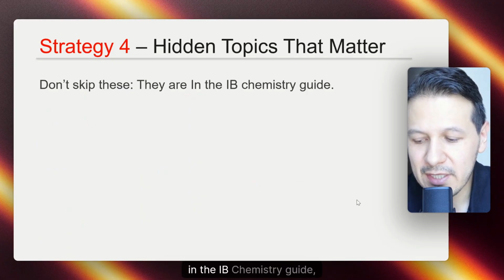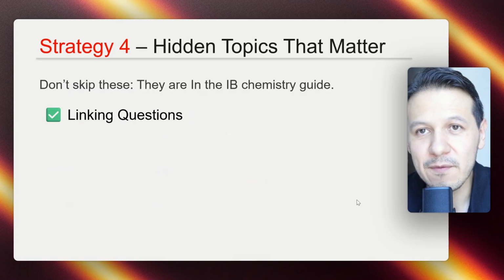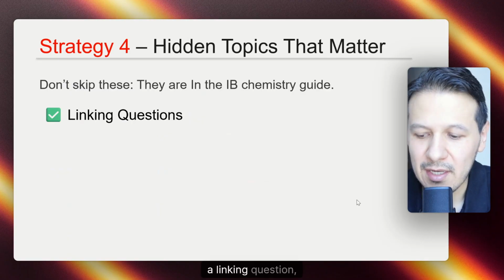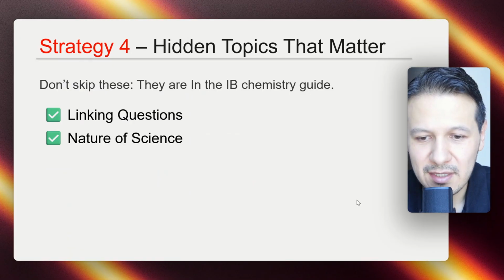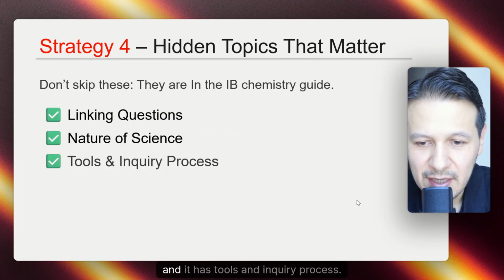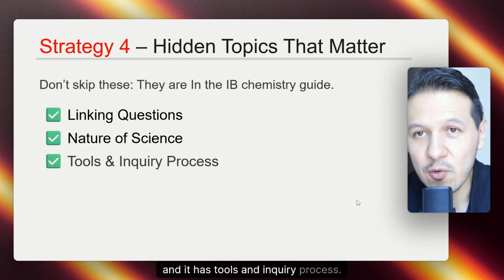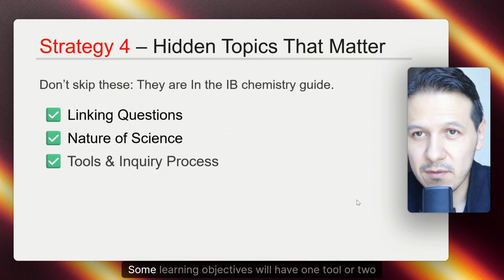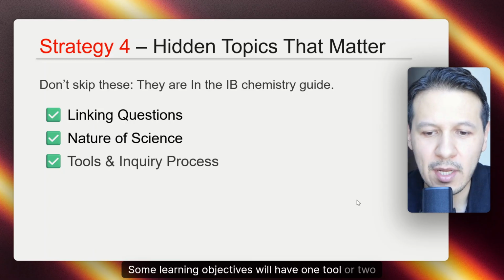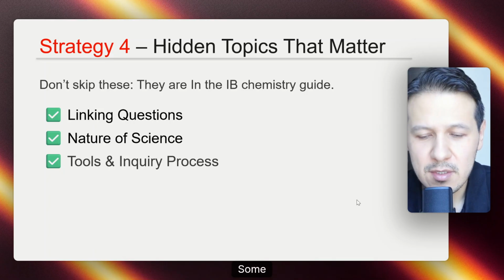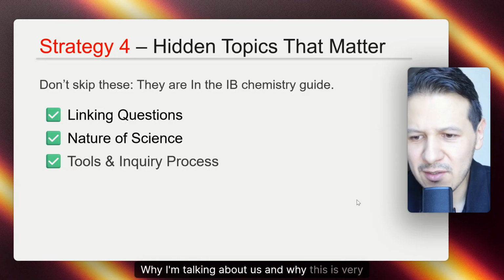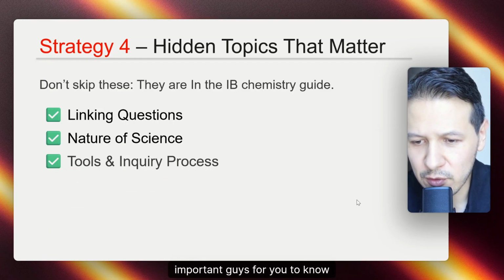In the IB Chemistry Guide, every learning objective has a linking question, a nature of science link, and tools and inquiry process. Some learning objectives will have one tool or two tools. Some will talk about the linking questions. Why is this very important for you to know?